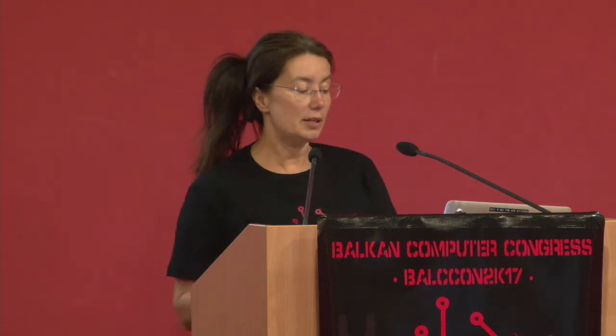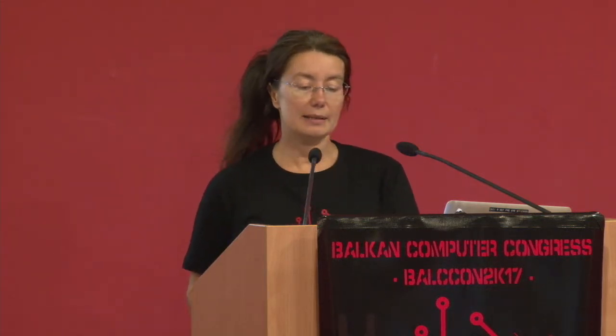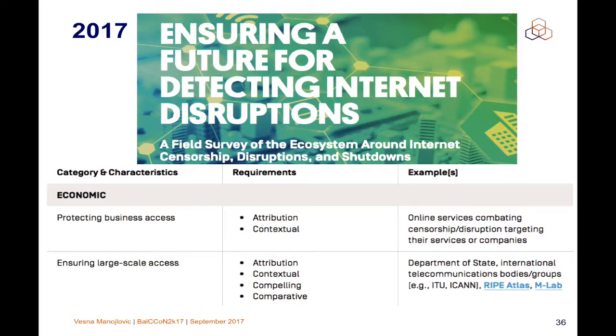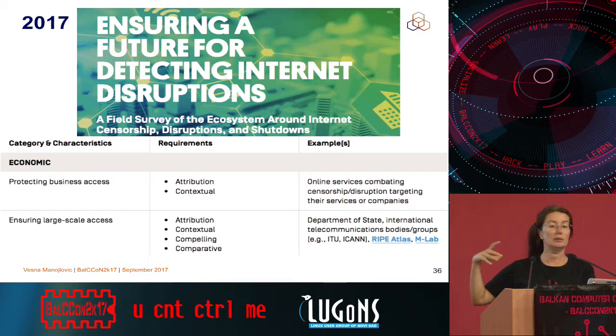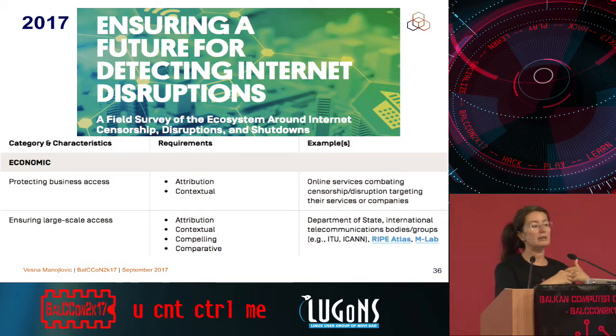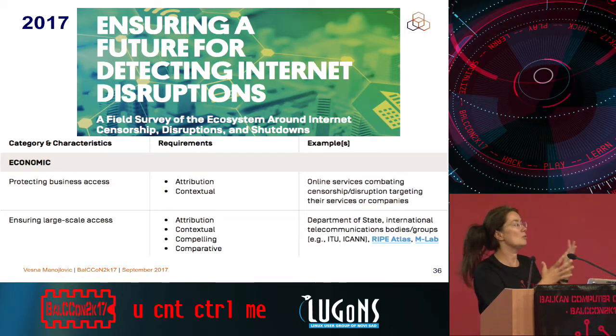And then this year, as a consequence of me going to the RightsCon, where the people who are concerned with human rights in internet usage also took a look at using the RIPE Atlas for measuring internet disruptions. Like if the internet in a country is shut down, how can you measure that?